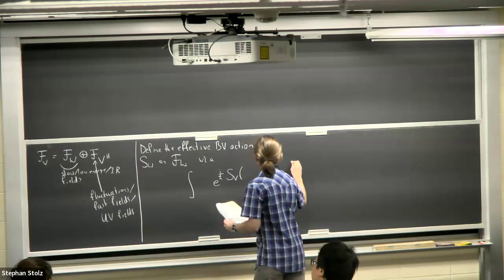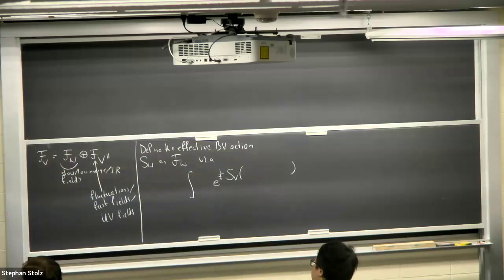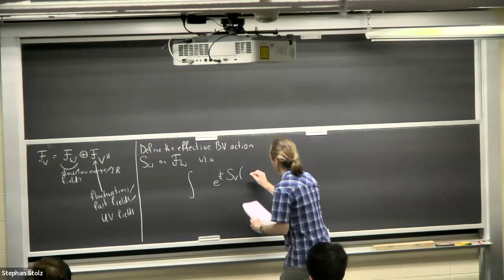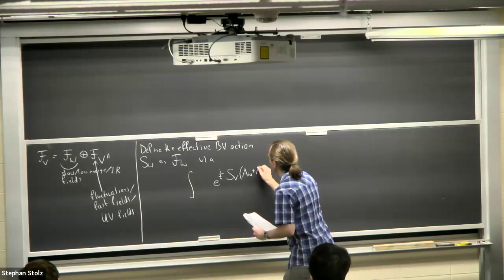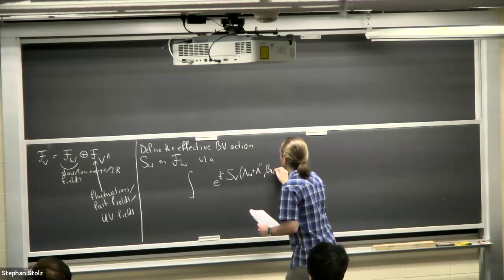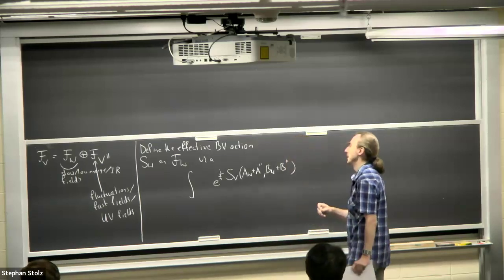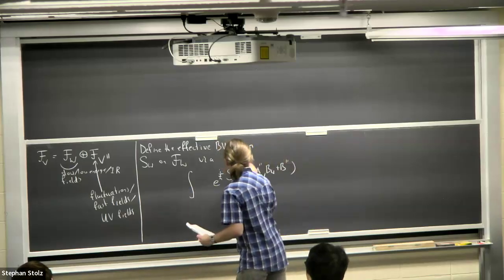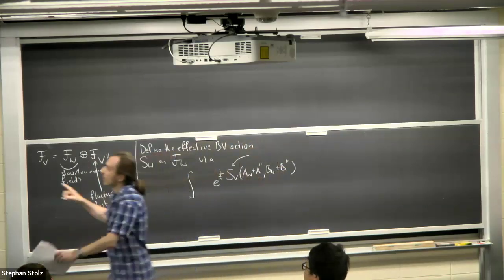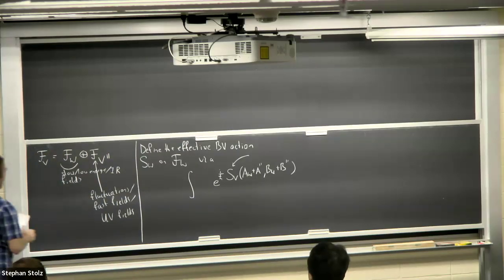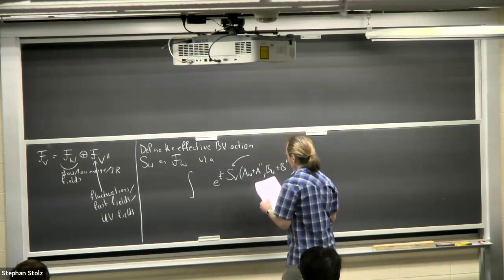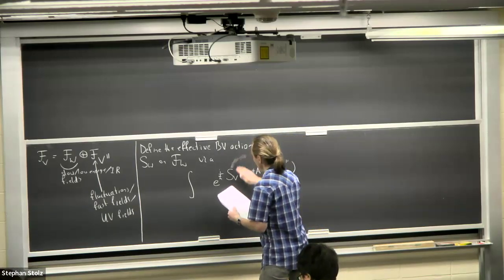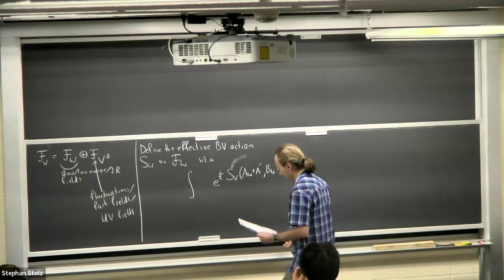It depends on fields A and B, decomposed into a slow part and a fast part according to this decomposition. I plug in A slow plus A fast, and B slow plus B fast, and integrate out the fast fields. This S_V is the action corresponding to the abstract BF theory associated to the DGLA V.